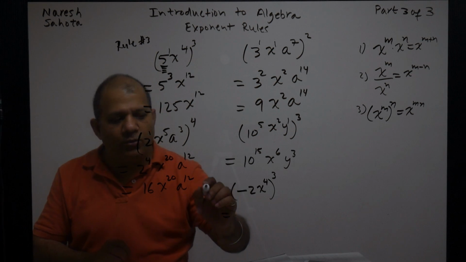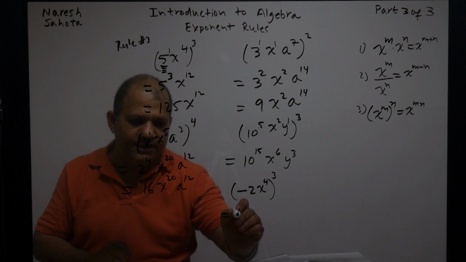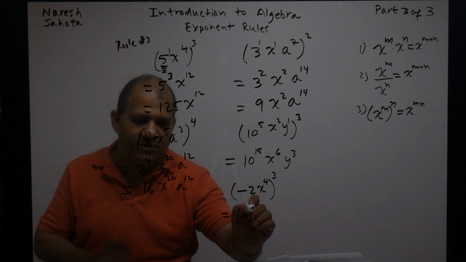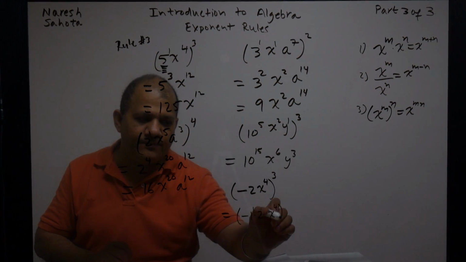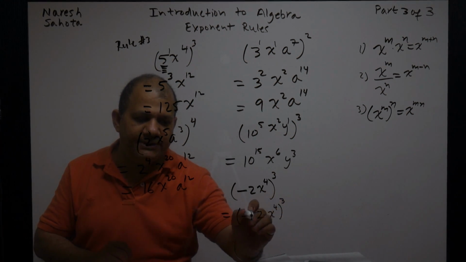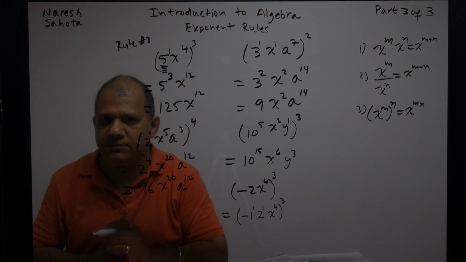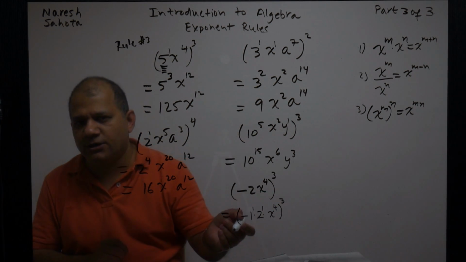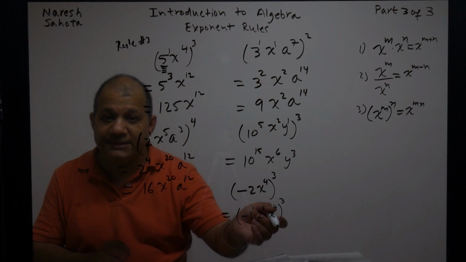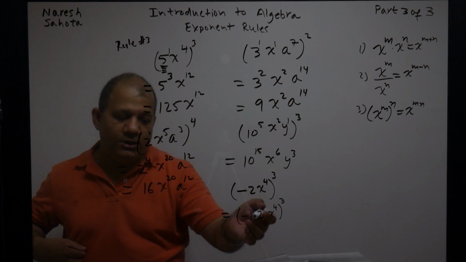So what I can do is say, okay, this is actually negative 1 raised to the exponent 1. Then I have 2, and then I have x to the 4. So I've given you an intermediary step in between, just so that you can be very clear. This step actually may cause confusion, so you don't really need it, but just to get my point across, I'm going to show you.